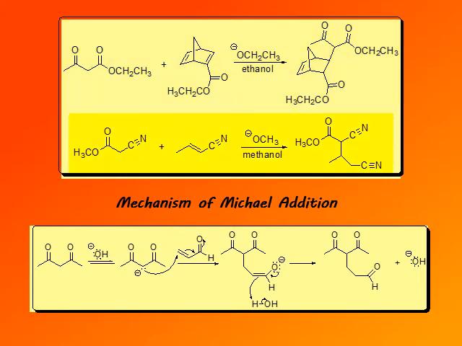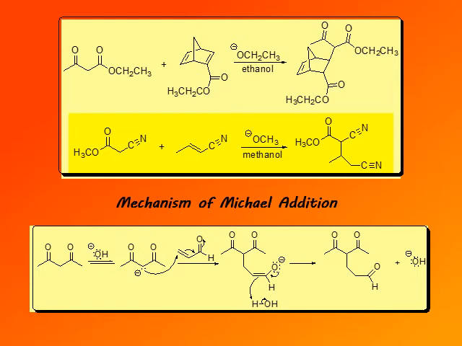The next example again illustrates the versatility of this reaction and the variety of substrates we can use. One of the activating groups is a nitrile group. So it doesn't have to be a dicarbonyl compound. One of the two groups could be a nitrile. And then it adds to carbon 4, in this case not of an enone system but an alpha-beta unsaturated nitrile system.